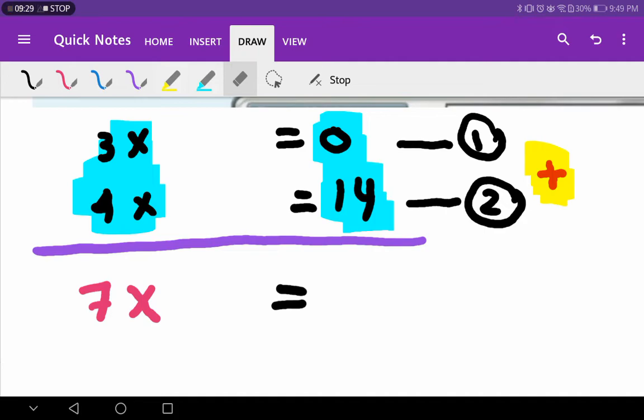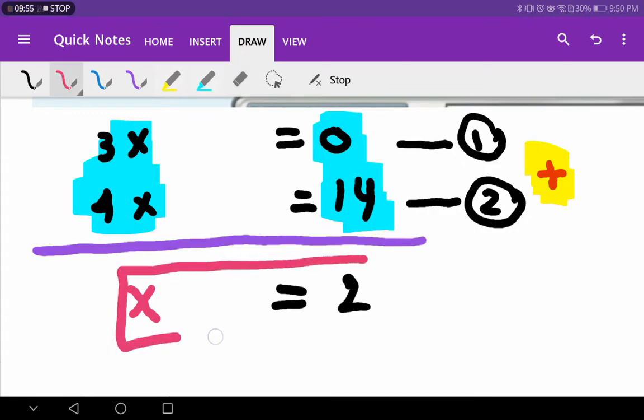It is eliminated. Now 0 plus 14, it is 14. Great. Now how do we make the x alone? Bravo. Divide by 7, divide by 7, this gives 2, and sure this will be eliminated. So x equals 2.